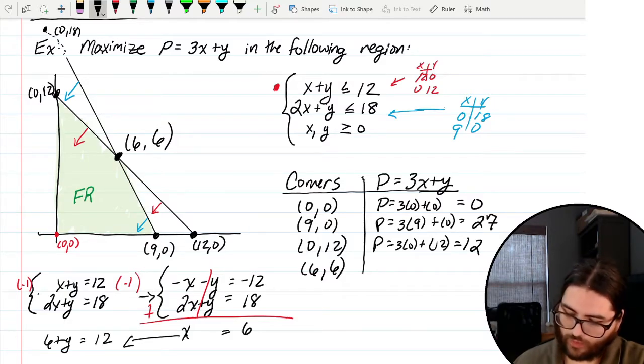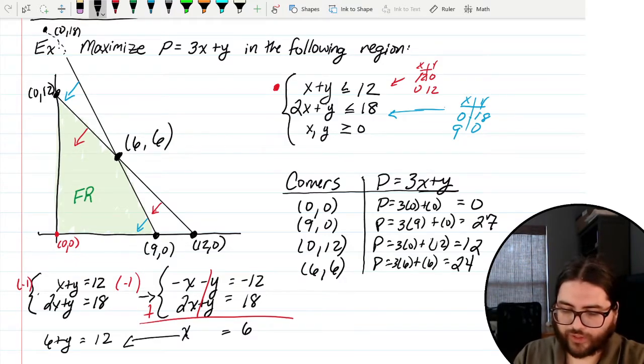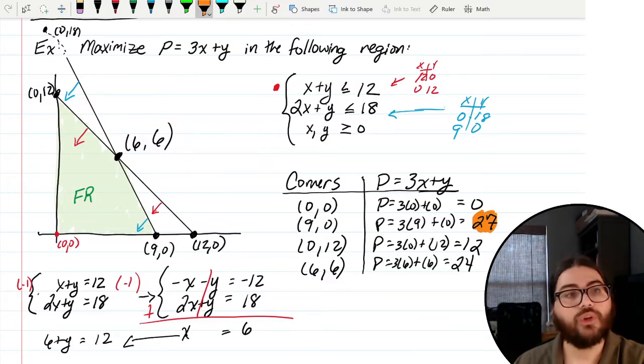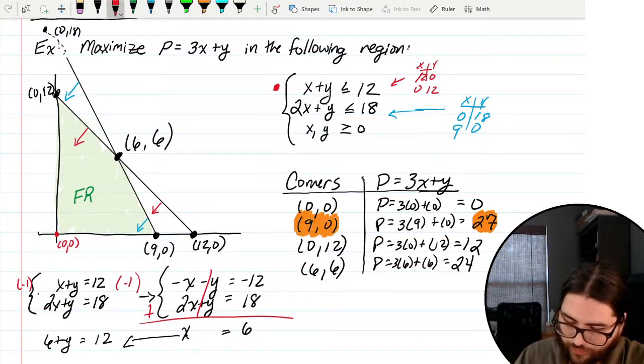And p equals 3 times 6 plus 6, 24. So based on these 4 p-values, if I wanted to find the maximum p-value, here it is. The maximum p-value is 27. And it occurs at this corner value, 9, 0.